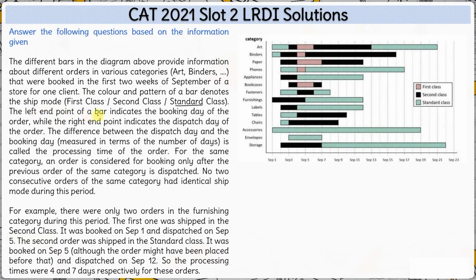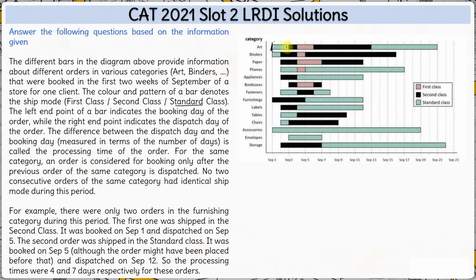The left end point of a bar indicates the booking day of the order, while the right end point indicates the dispatch day of the order, and the difference between the dispatch day and the booking day is called the processing time of the order. For example, if we consider this order, the order date is September 1st, and then there is a processing time.